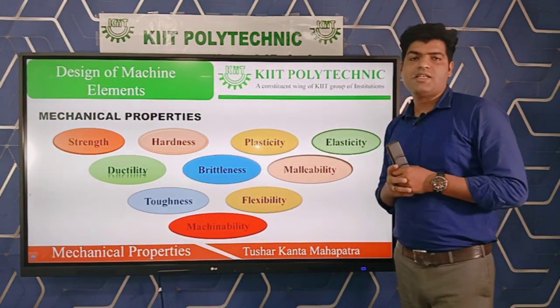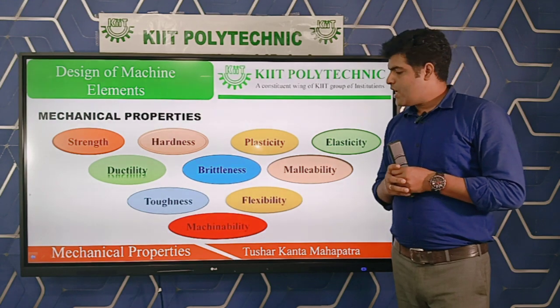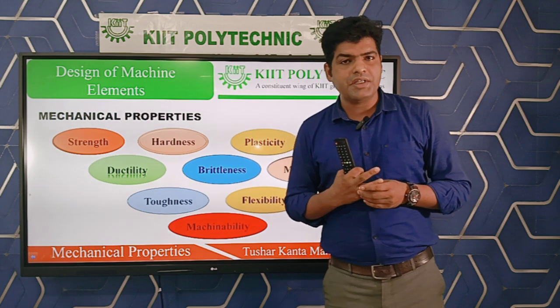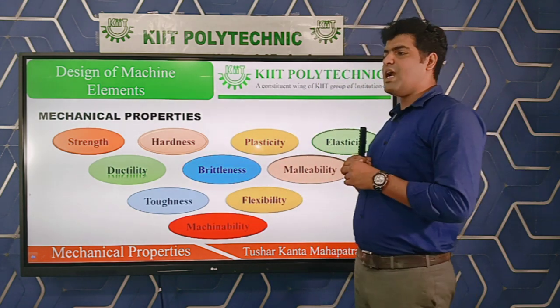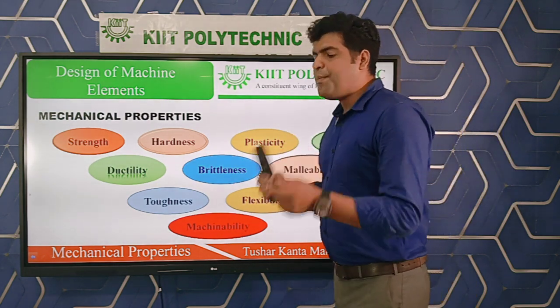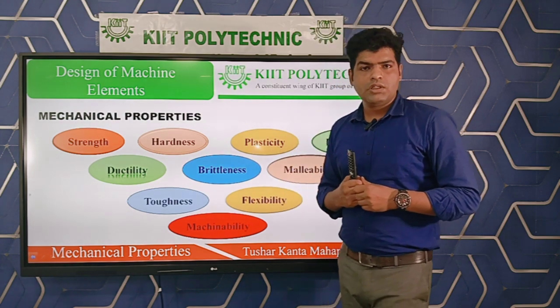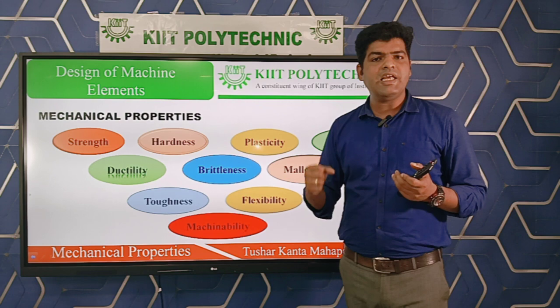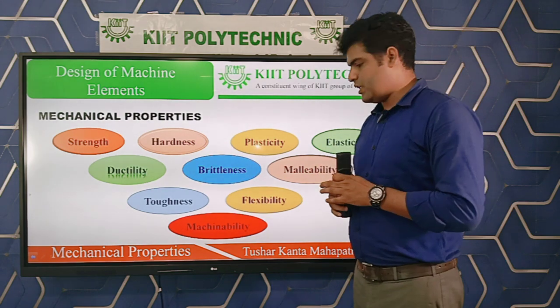That is called elasticity. Second one is machinability. Machinability is the ability to machine, like cutting, drilling. So these are the machining.